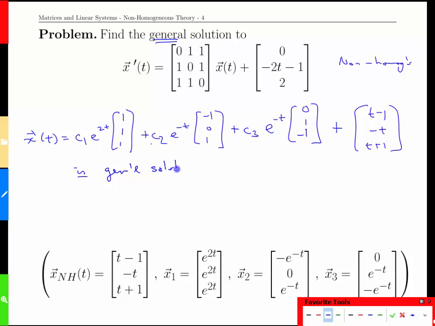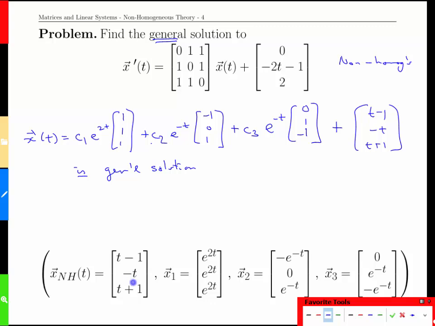Every single solution that you can find to this system is going to be made up of this form with some combination of those three solutions plus a term to account for the non-homogeneous part. Again, very similar to what we've seen earlier in the course. Once we've found our solutions, building the general solution is straightforward. Of course, that leads us to how are we going to find these solutions, and we'll see that coming up.